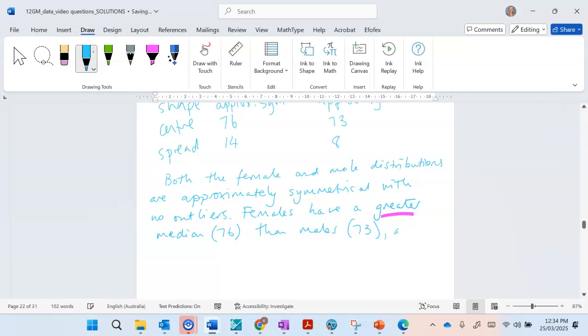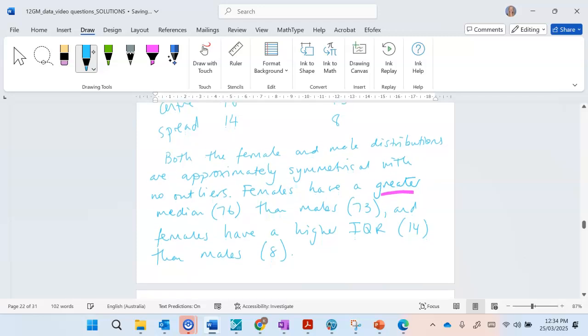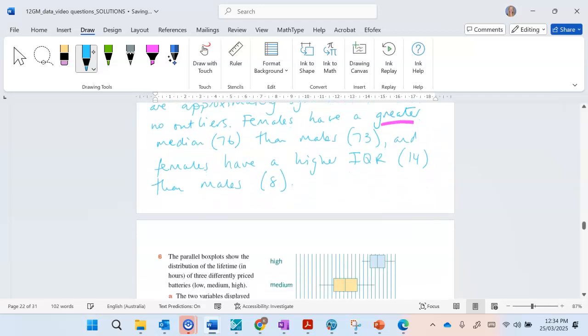And females have a higher interquartile range than males. So let's just go on.